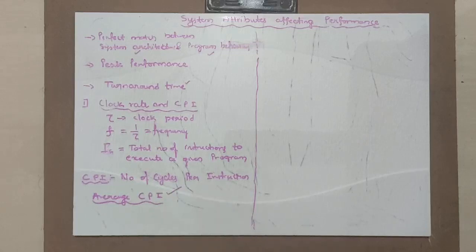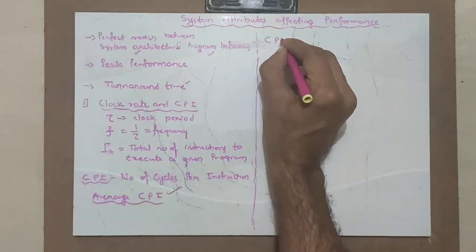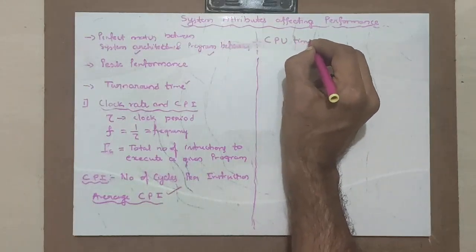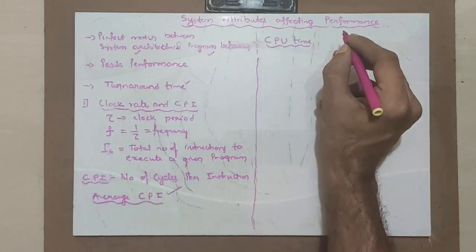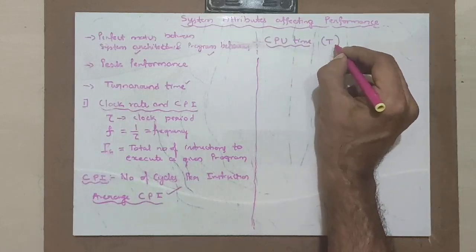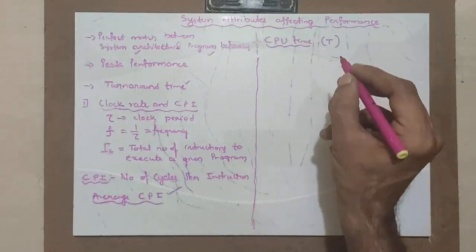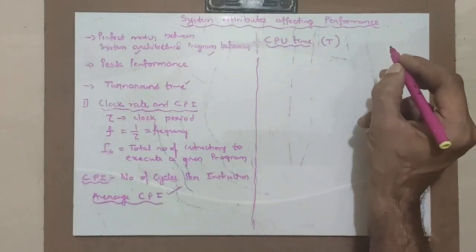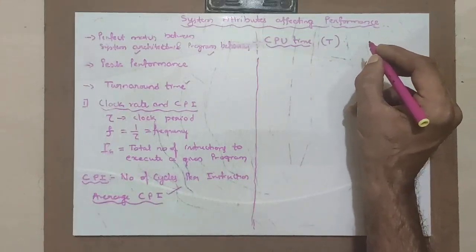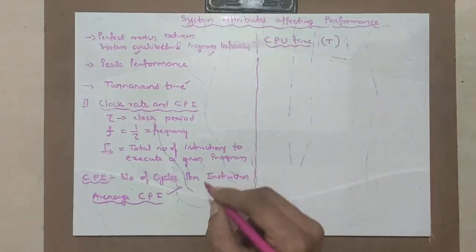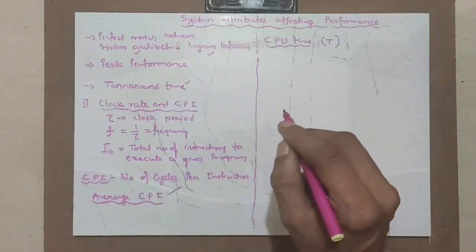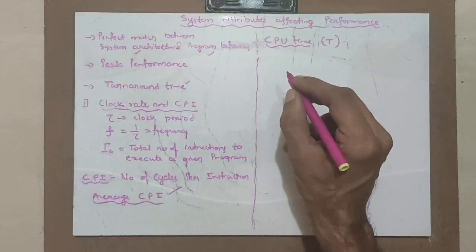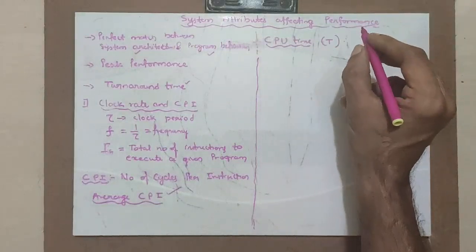Okay, the next concept is regarding CPU time. We call it processor time. Very simple, the time taken by the processor to execute a given program. Actually, this is nothing but turnaround time, but whereas turnaround time depends upon some overheads, CPU time is particularly for the processor.